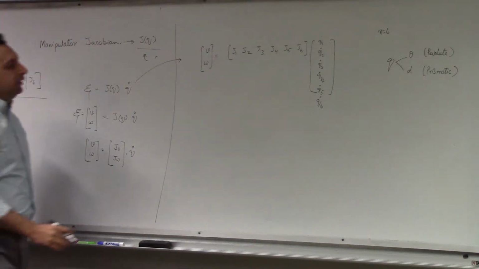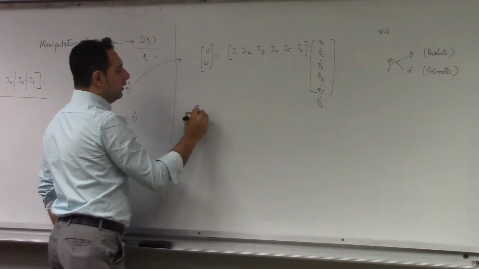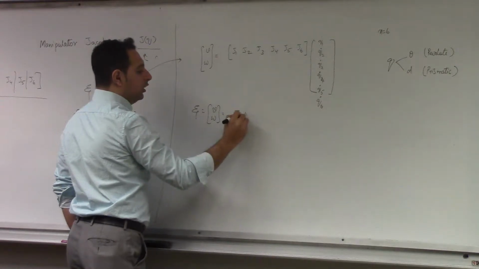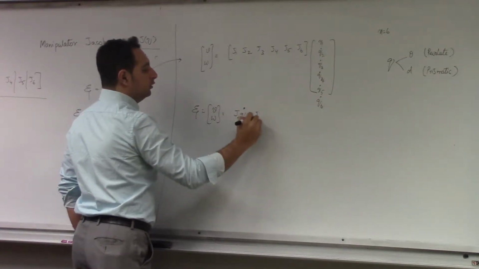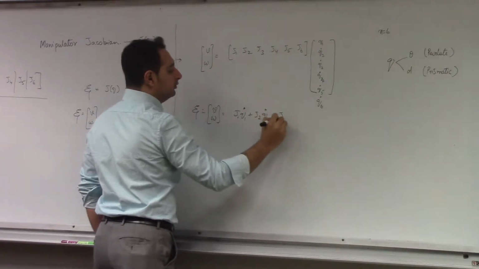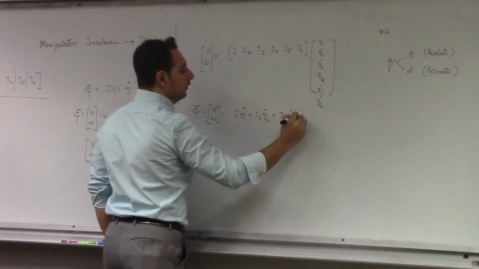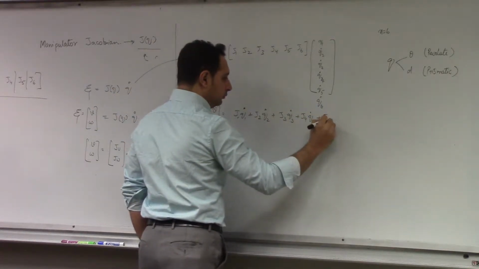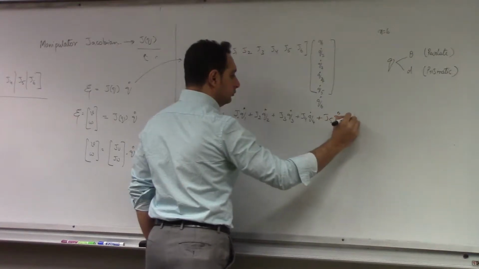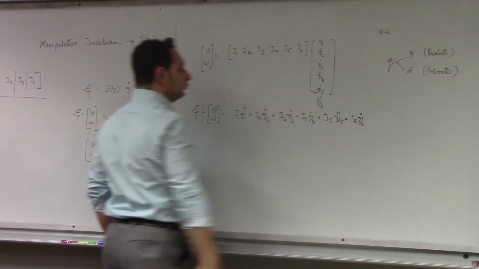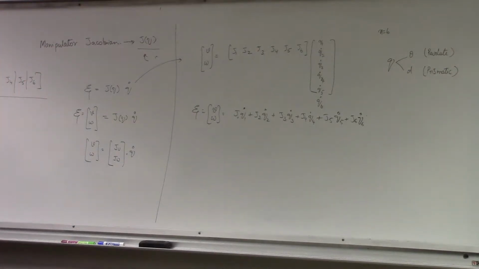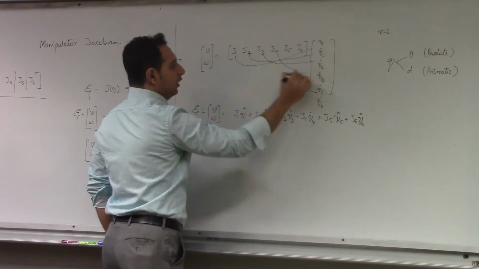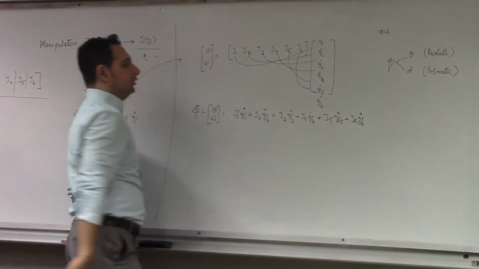So when you look at this, you can say that eta, equal to V omega, will be equal to J1 Q1 dot, J2 Q2 dot, J3 Q3 dot, and so on. So this is how it will multiply with each of the joint velocities to give you the end effector velocity.